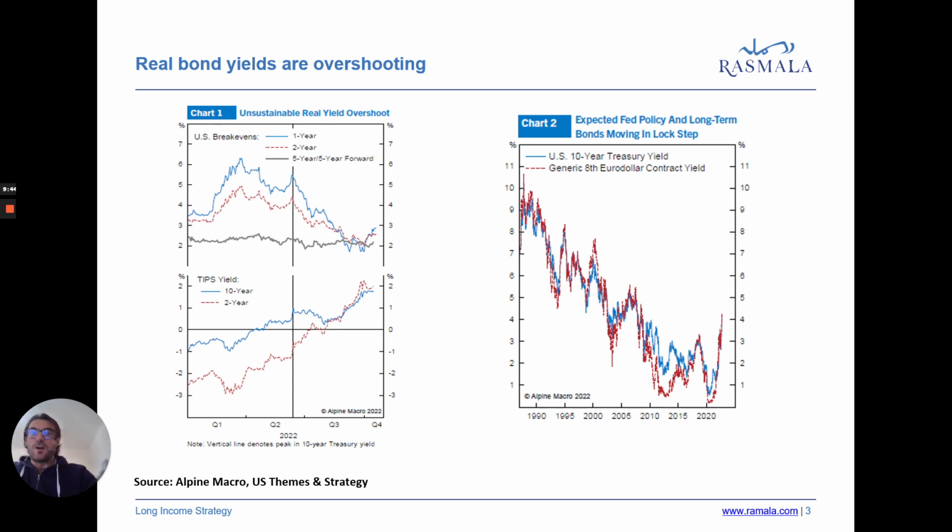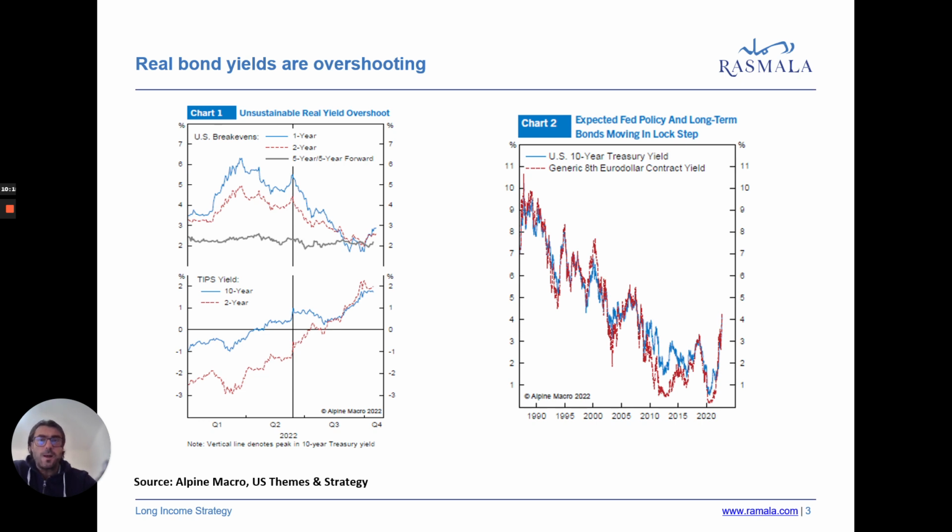And over the course of the next 6 to 12 months, according to them, the central scenario is that tightening will reduce, inflation will come down, and real yields will come down. So their central scenario is a bullish call at this point of the cycle.